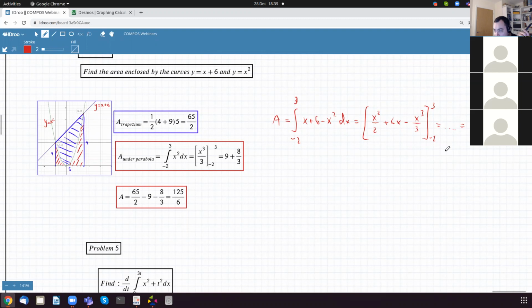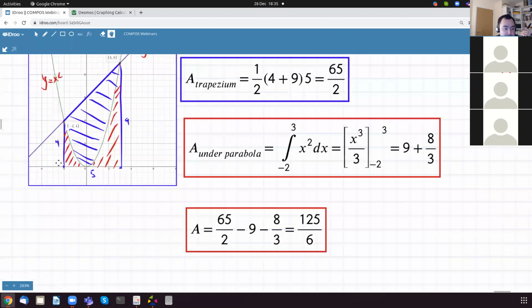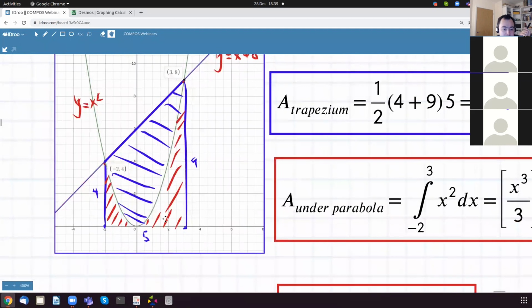You could. It's all above the x-axis. So the area is positive.